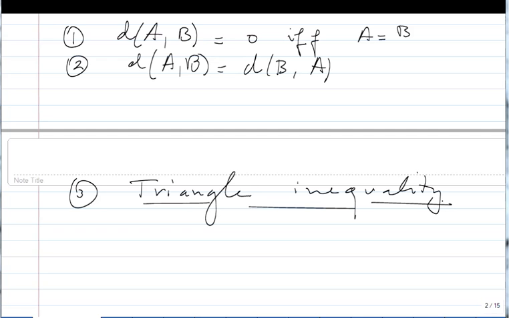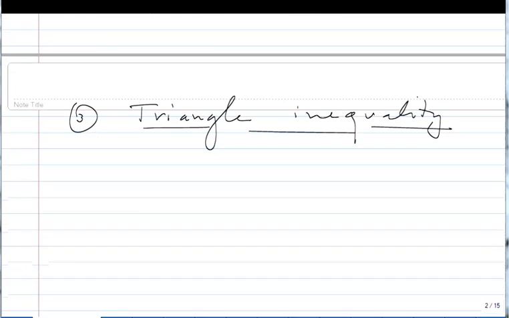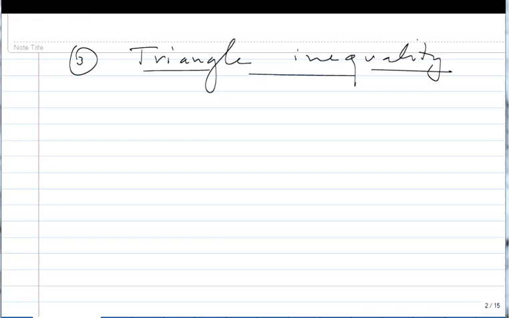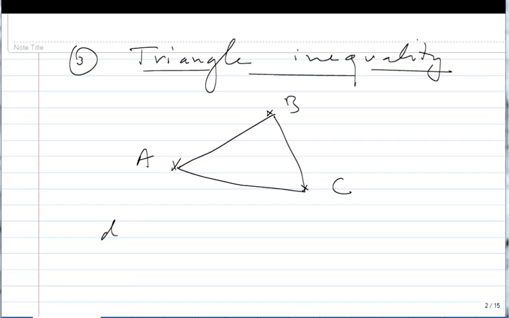If you take 3 points, A, B, and C, and you look at that triangle, then the distance from A to B is less than the distance from A to C plus the distance from C to B. This is just a geometric property.